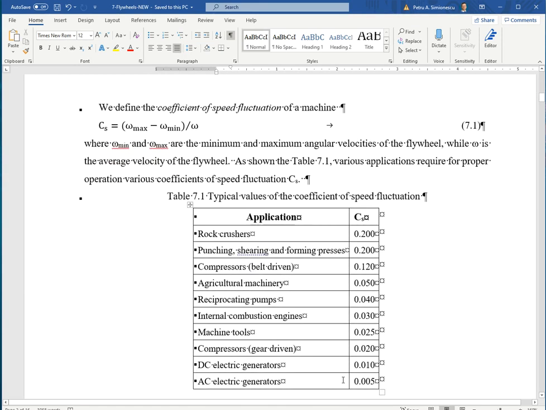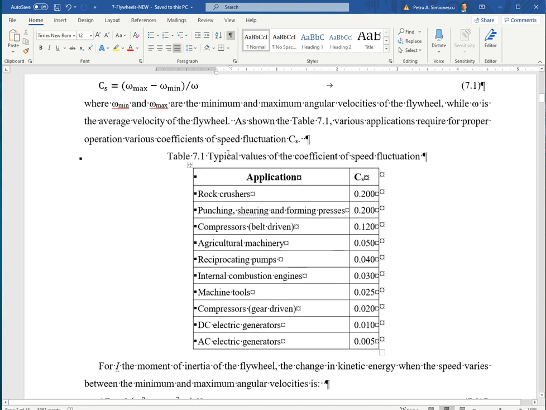We define what's called coefficient of speed fluctuation of a machine as the ratio between the difference between the maximum and minimum angular velocity, could be RPM also, and the average RPM. So you either use radians per second in angular velocity or RPM. This equation holds as the same.